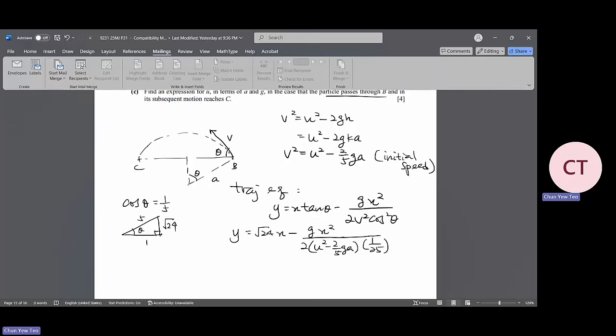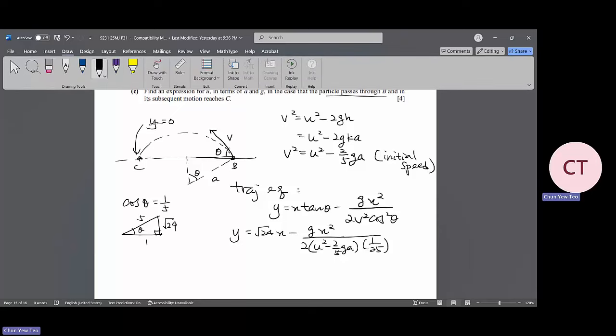Now at this point, when you reach C, you will treat this case as horizontal. So over here your y is 0, because you start from here and you land at the same level. Then what is my x?